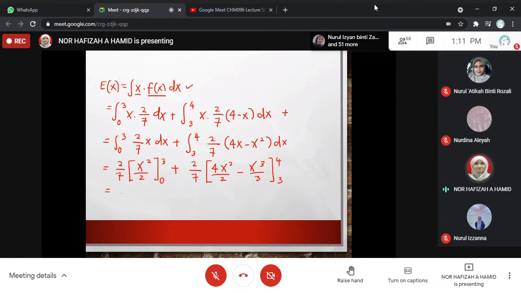Then you proceed, substitute the lower and upper limit, and you get the final answer equal to 37 over 21. So this is the value for the EX, or the value for the mean.